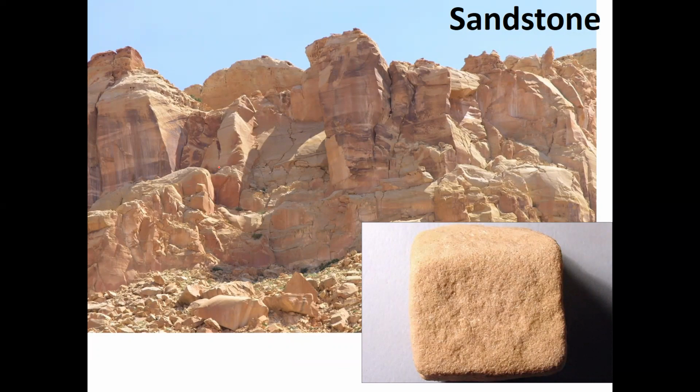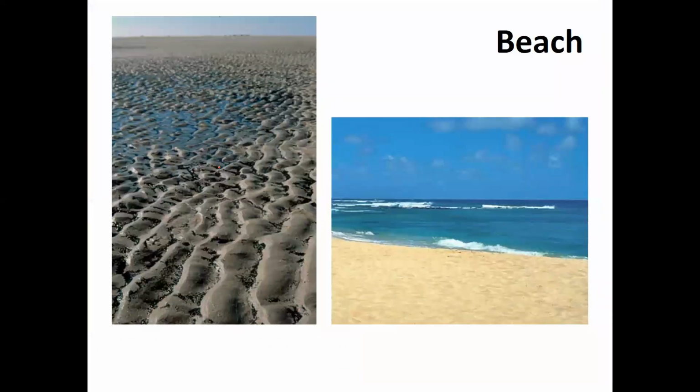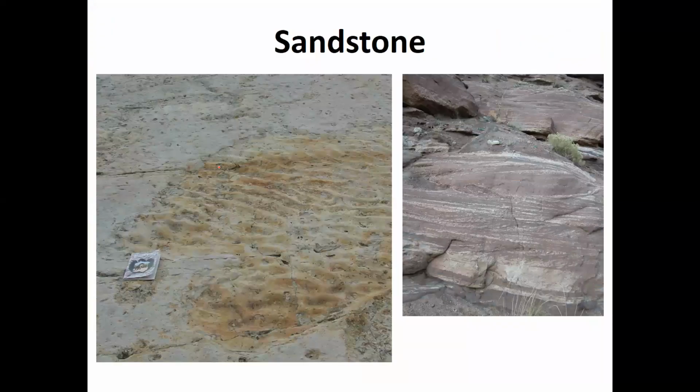A coarser sandstone might be suggestive that it was deposited in the desert. Or the beach, which deposits more well-rounded sediment. Those sediments could form smoother sandstones, and those sandstones could also have ripple marks in them from the water flowing over the sand.